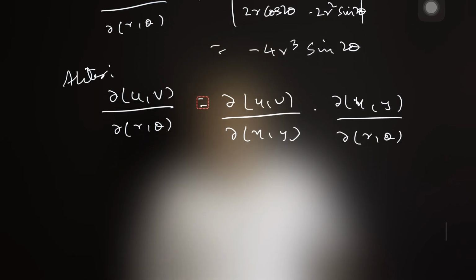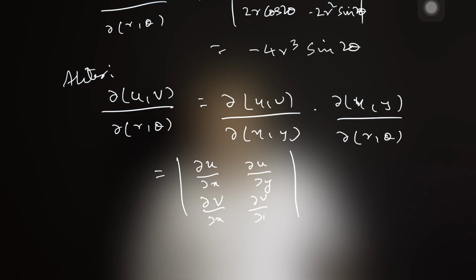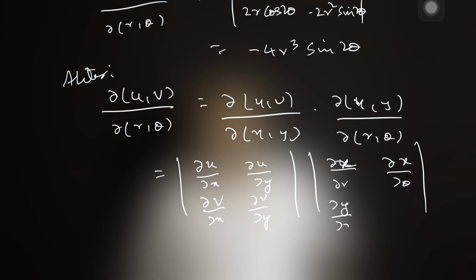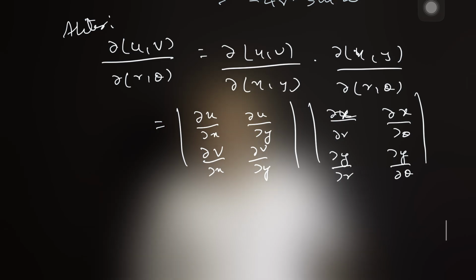So, this is nothing but the determinant of ∂u/∂x, ∂u/∂y, ∂v/∂x, ∂v/∂y, and this can be written as the determinant of ∂x/∂r, ∂x/∂theta, ∂y/∂r, ∂y/∂theta, and you can substitute these values.